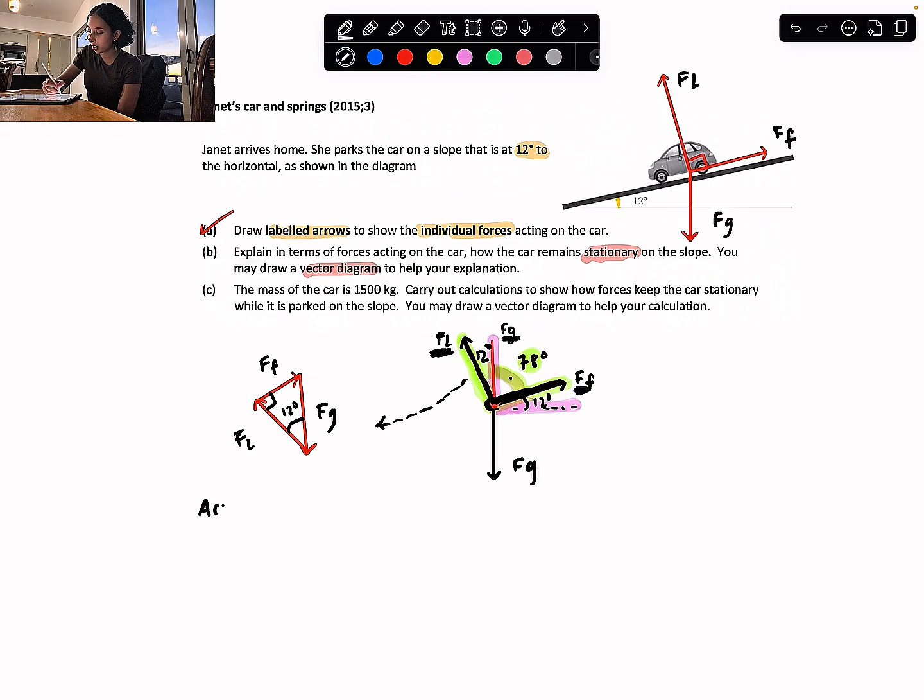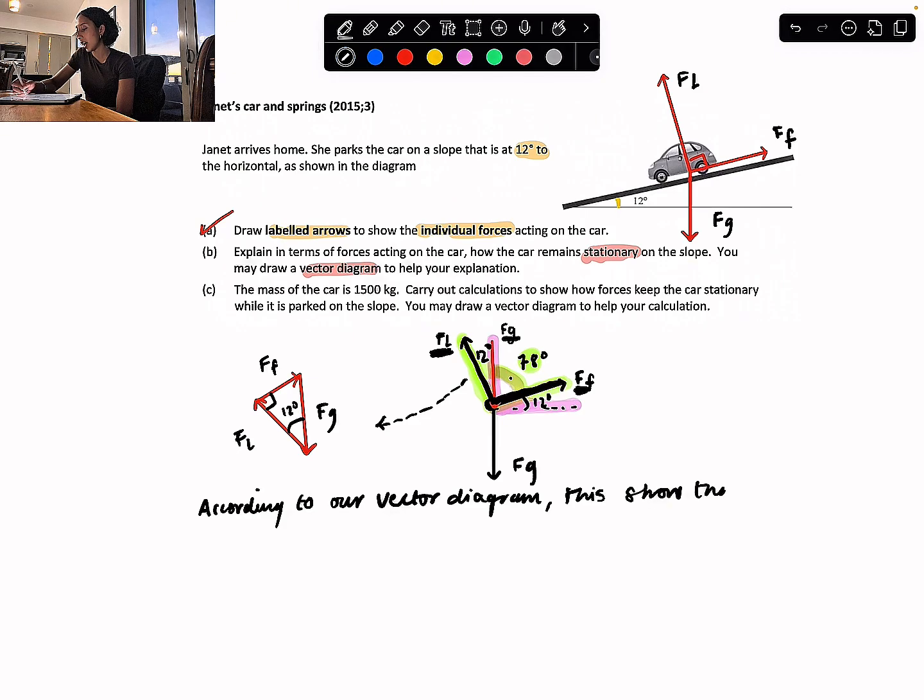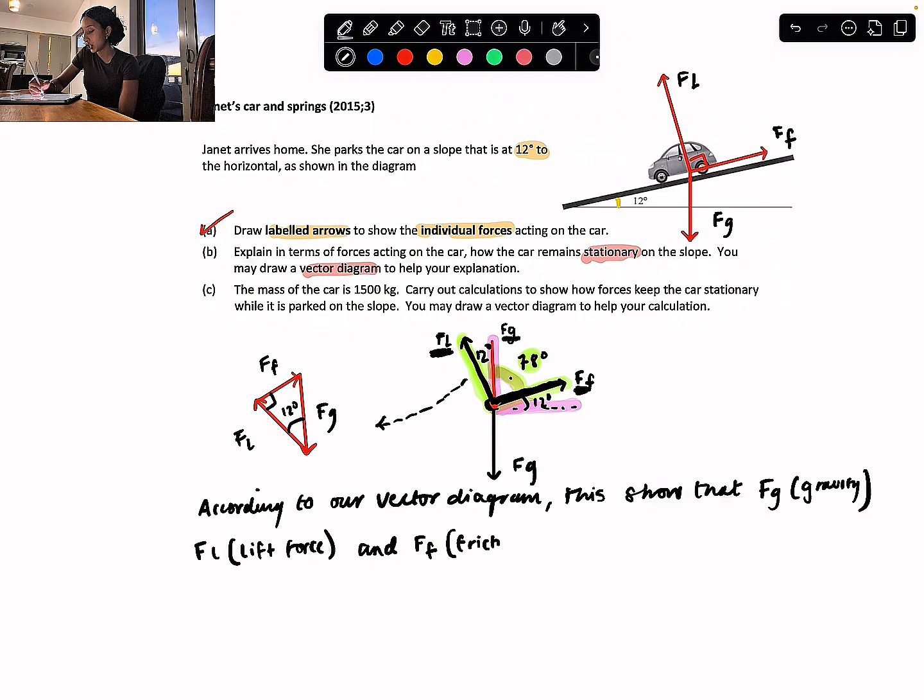Well, we can say according to our vector diagram, this shows that Fg, gravity, Fl, lift force, and Ff, friction force, are balanced with one another.